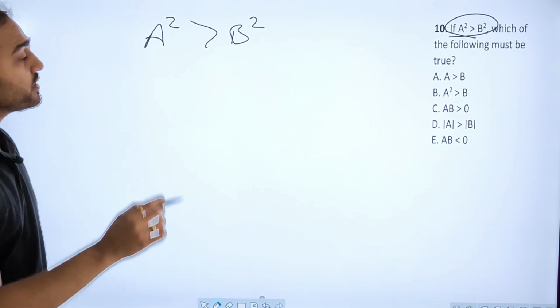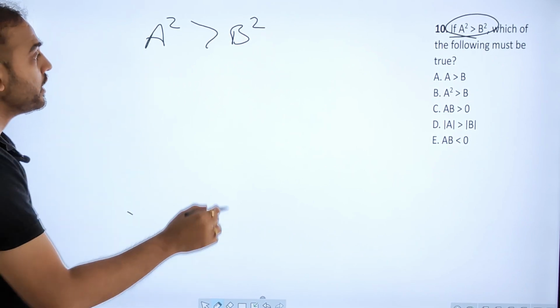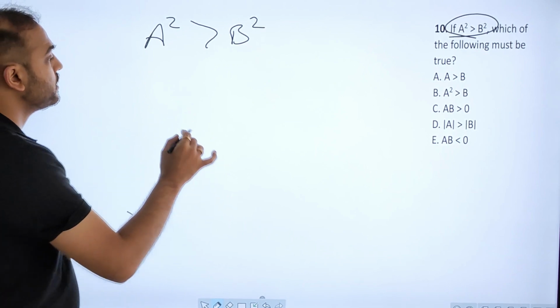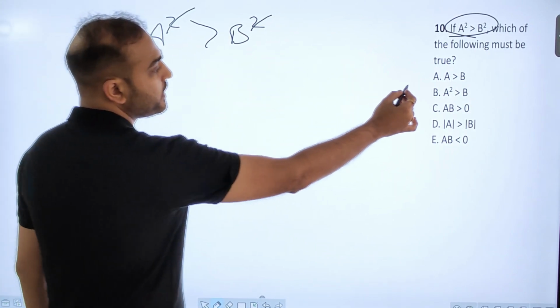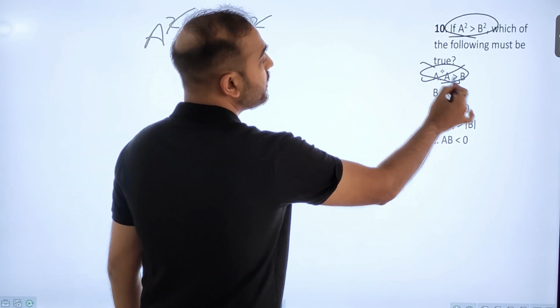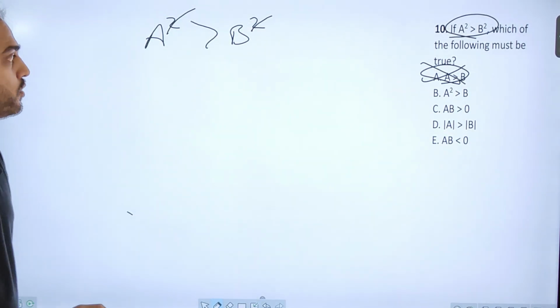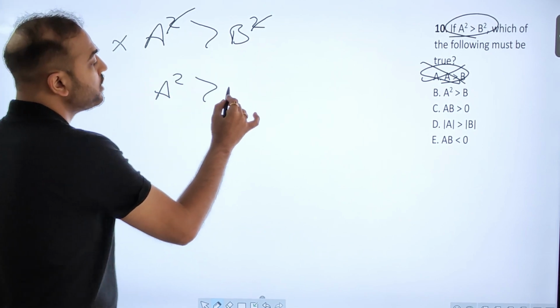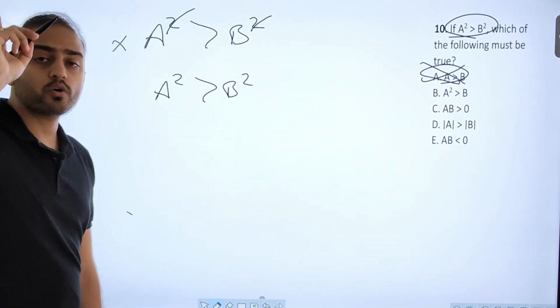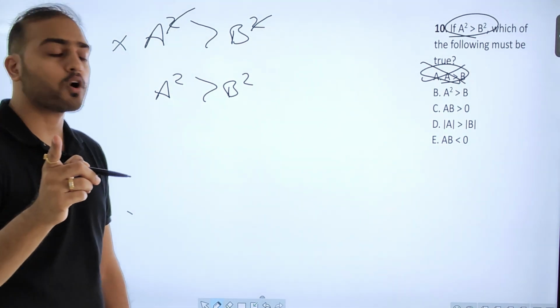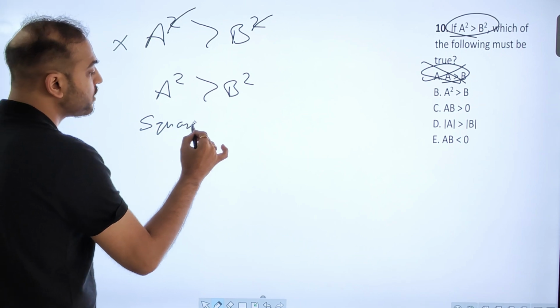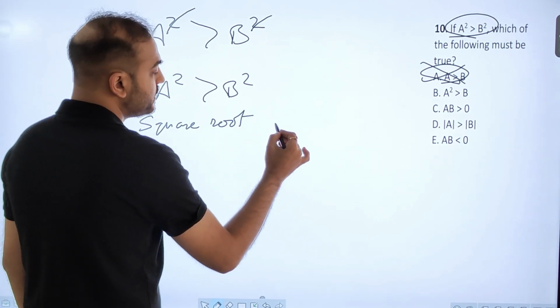See, the idea is, this is our method number 2. A square is greater than b square. Again, don't just jump and cancel the square and say a is greater than b. That is wrong. Why is it wrong? Recall the theory that we did last time: square root of variables is always modulus.